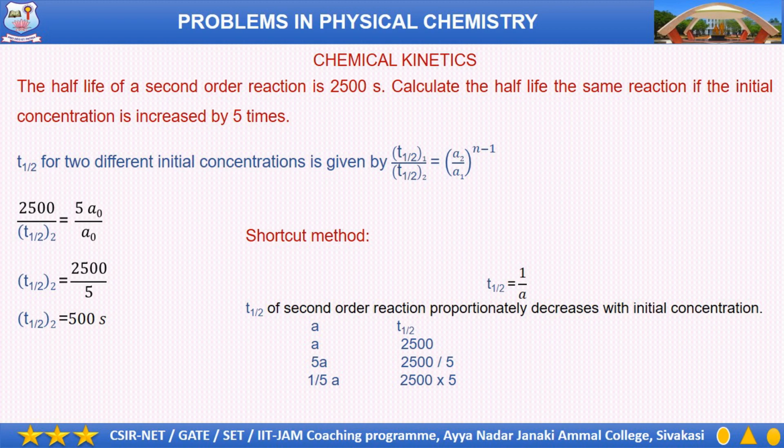If the initial concentration is decreased to 1 by 5A, automatically T half would be increased 5 times. Therefore, 2500 into 5. That's like a mental sum you can work out.